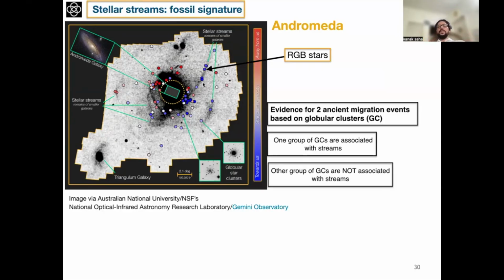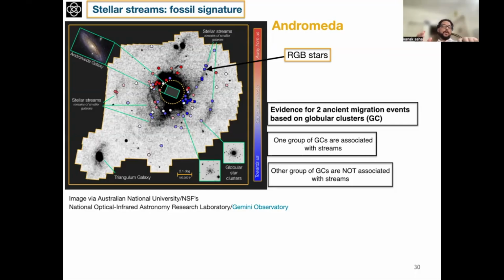And in this case, the studies on Andromeda are quite fascinating and have advanced our understanding of how stellar streams can be used to understand the history of Andromeda's evolution. This is where you can see the inner part of Andromeda, and this is basically the halo of Andromeda. You can see these linear-like structures. These are the stellar streams.